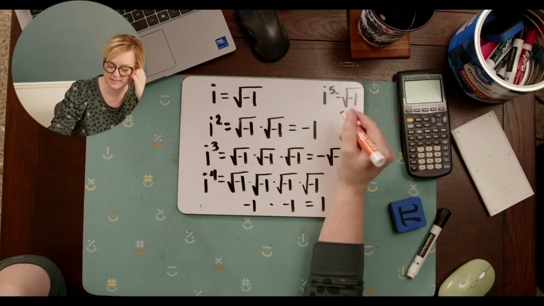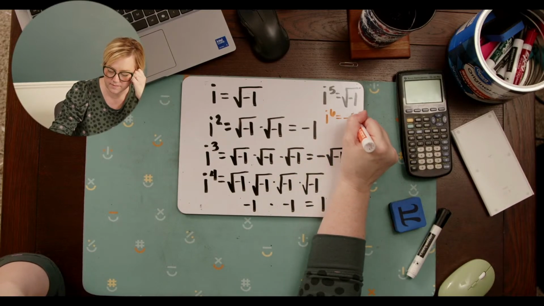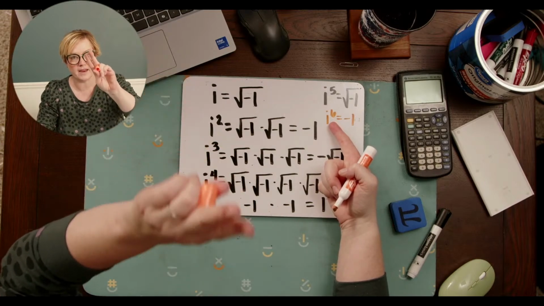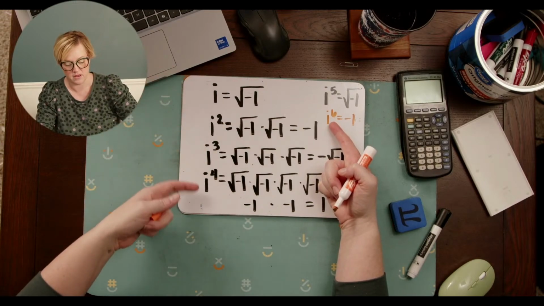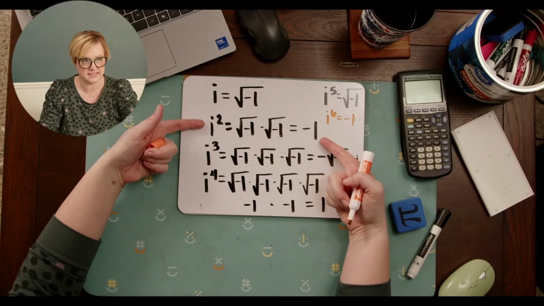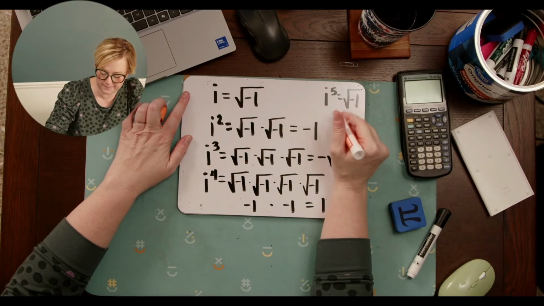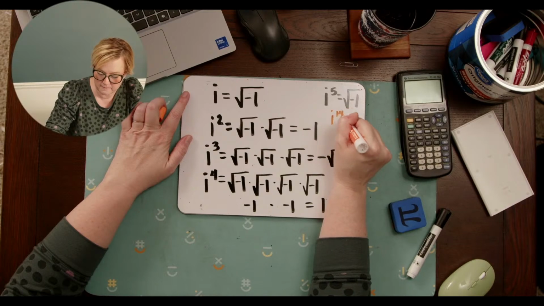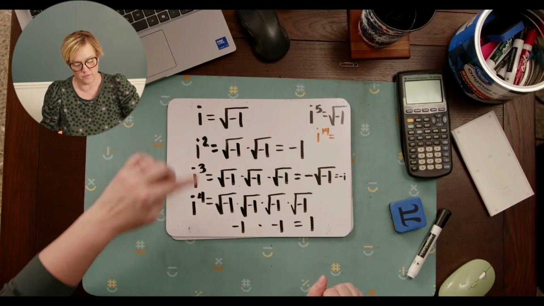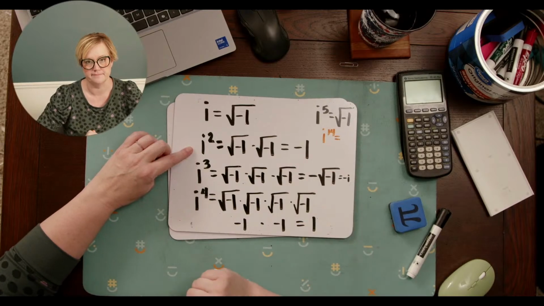Okay, i to the 6th would be -1, because 4 goes into 6 one time with a remainder of 2. So it goes through this whole thing, 1, 2, 3, 4, 5, 6, and it's -1. If I had i to the 14th, I would count 1 through 14, and it's -1.